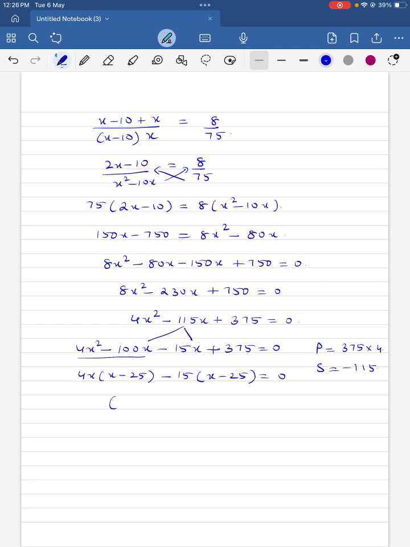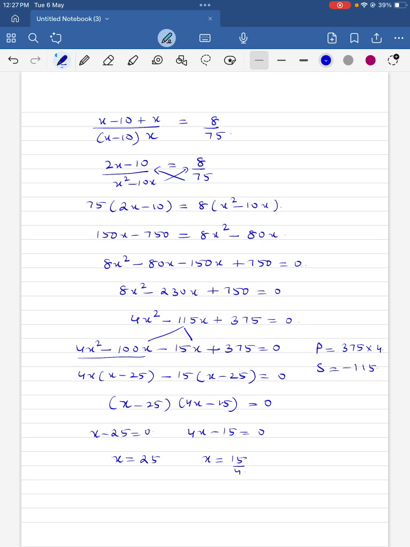Okay, so if we take out x minus 25 common, we would get 4x minus 15 in the bracket. If we equate each of these terms to 0, we would get x is either 25 or x is 15 by 4.